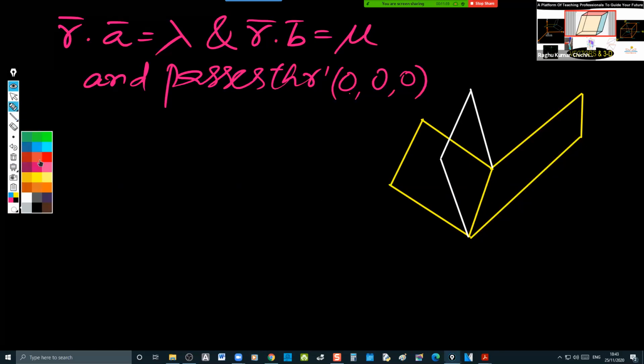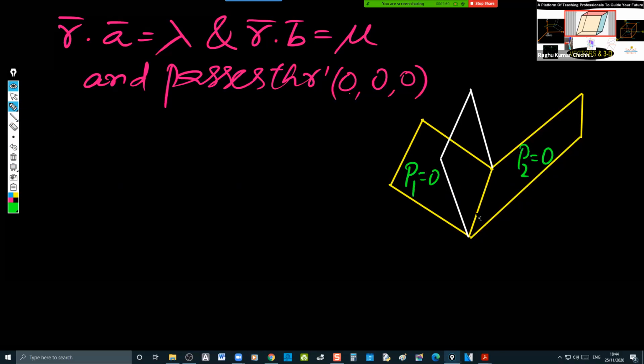If you take the first plane as P1 equal to 0, second plane as P2 equal to 0, then the equation to the set of planes is given by P1 plus lambda P2 equal to 0. Now it is also given that the required plane passes through 0, 0, 0.